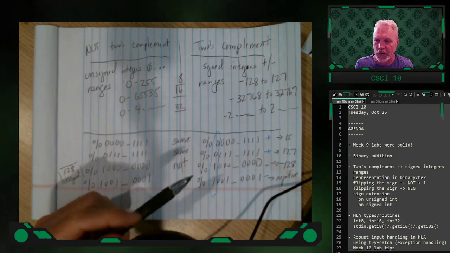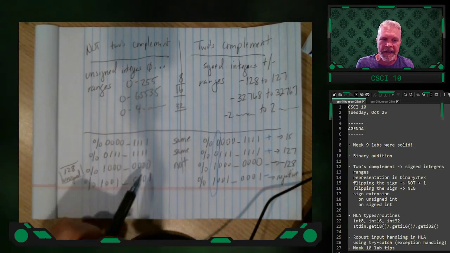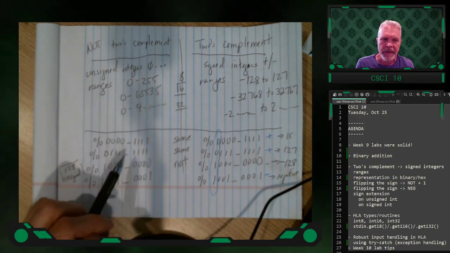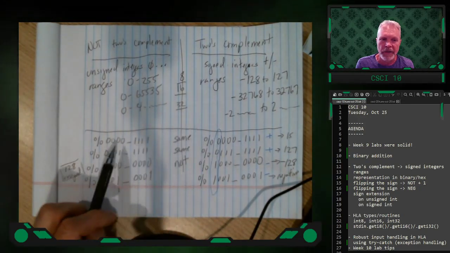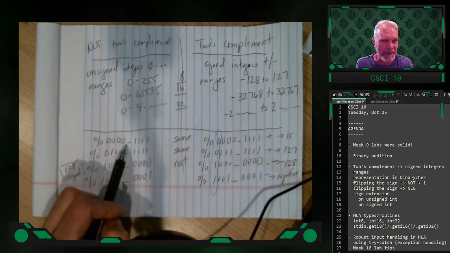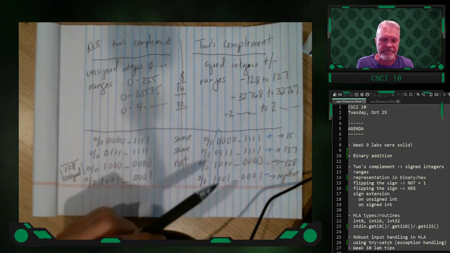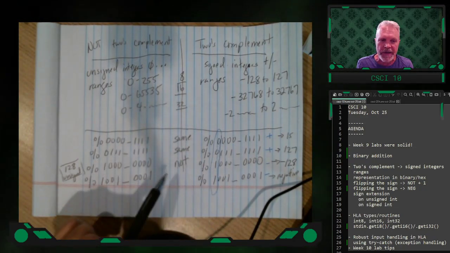That's true. Druid asks, so binary values don't really have any inherent meaning unless we associate them with a data type at the software layer, and that's basically true. These binary values are just 1s and 0s in the computer, and it doesn't really care.